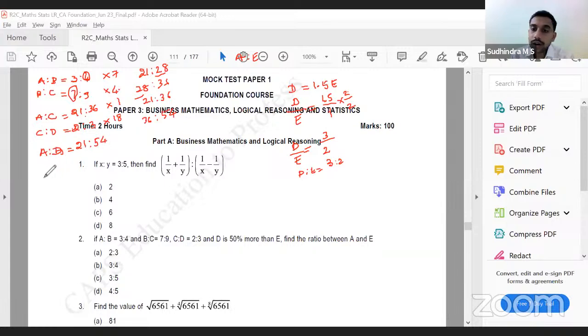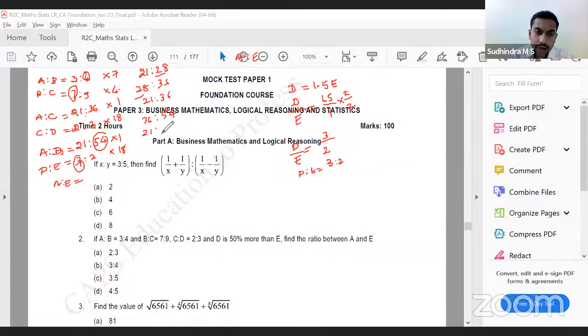So A is to D is 21 is to 54. D is to E is 3 is to 2. I want A is to E. For that, I have to have D same. What should I do? 54 divided by 3 is 18. So multiply this by 18.